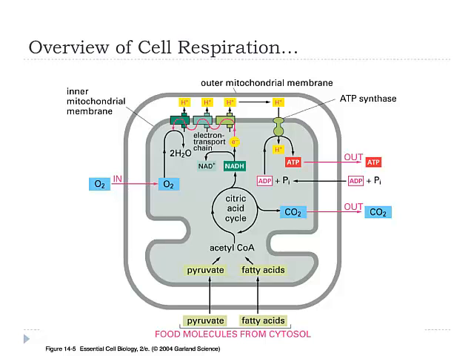So remember that in cell respiration, we're already talking about what's happening after glycolysis. So after the food molecules have been broken down, and those subunits have been transported into the cytosol, and the glycolysis in the cytosol has converted the glucose to pyruvate, or from fatty acids that are in the cytosol, they're transported through these porins and then actively transported across the inner membrane to get to the matrix, where they can be converted to acetyl-CoA.